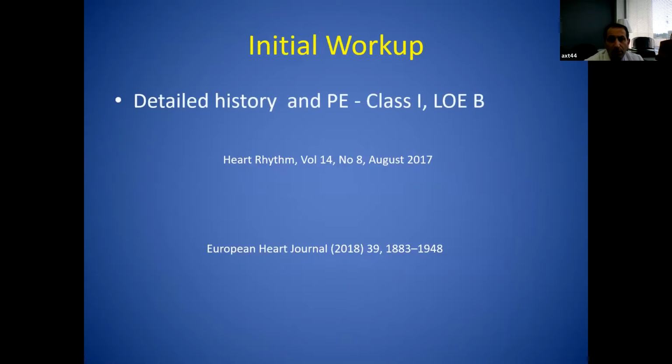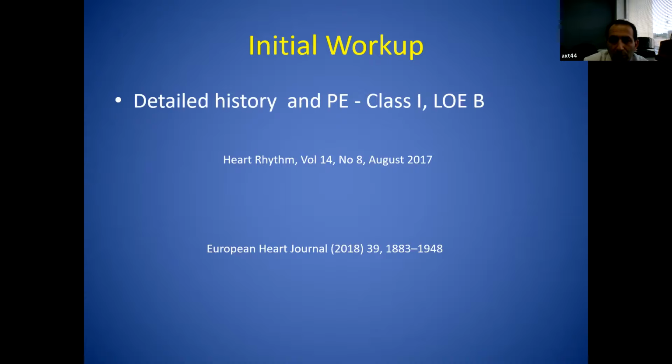So the initial workup should include a detailed history and physical exam. That is a class 1 recommendation. I'm just going to go over it once. So class 1 means you should be doing it. Class 3 recommendation means you should not be doing it. You're doing harm. And then 2A and 2B, those mean 2A is based on randomized data, and most experts agree that you should be doing something, and class 2B is a softer indication, okay?